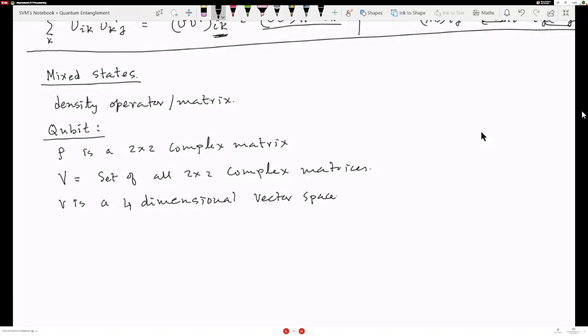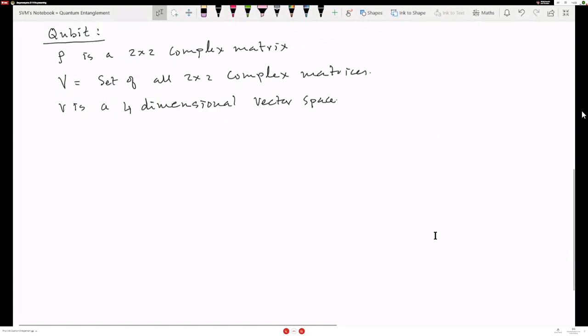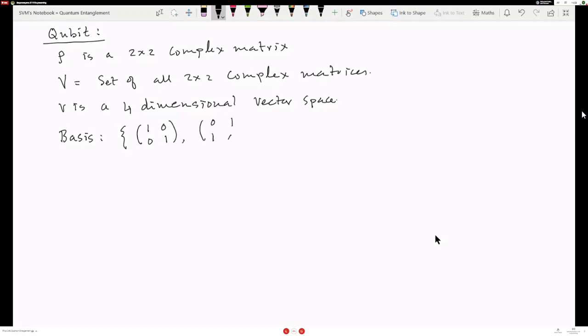There is an interesting basis for this 4-dimensional vector space. The basis is not unique, but one of the bases is given by this: 1, 0, 0, 1; 0, 1, 1, 0; 0, minus i, i, 0; and 1, 0, 0, minus 1.